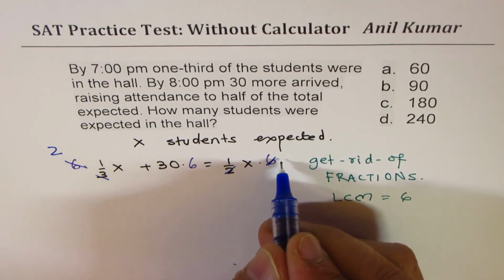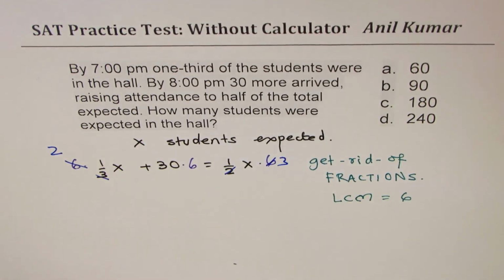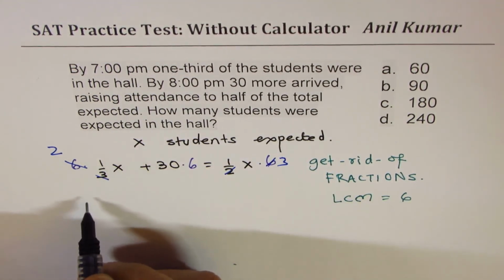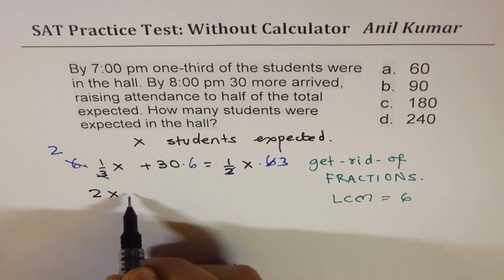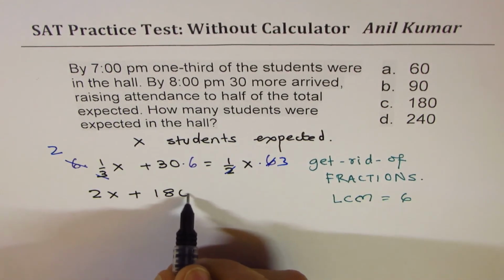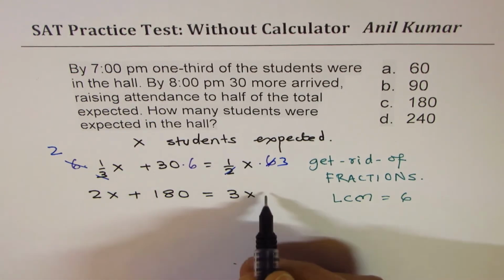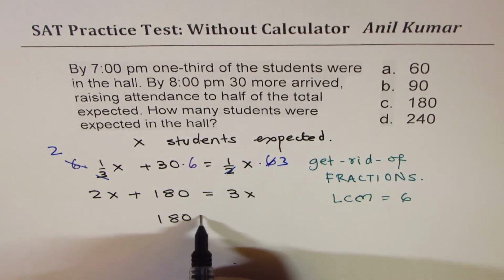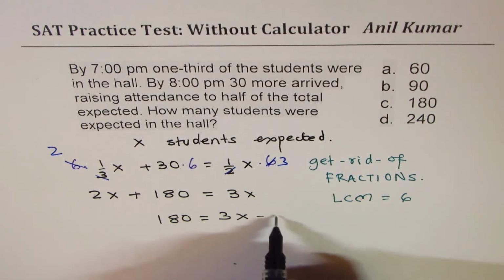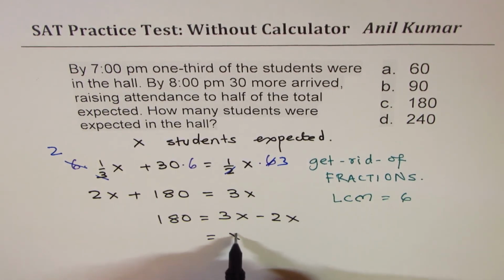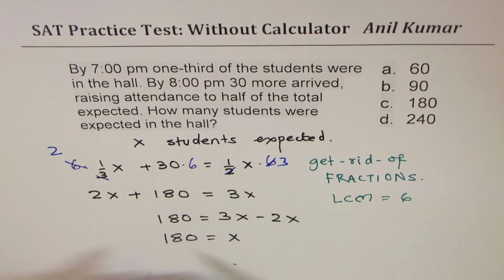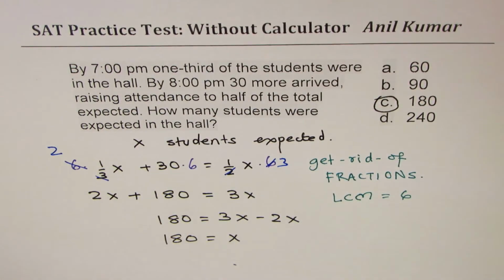And this also goes 3 times this. Okay. So the equation is 2x plus 180 equals 3x. Take x to this side, 180 equals 3x minus 2x, or x is equal to 180. So that is the choice C for us.